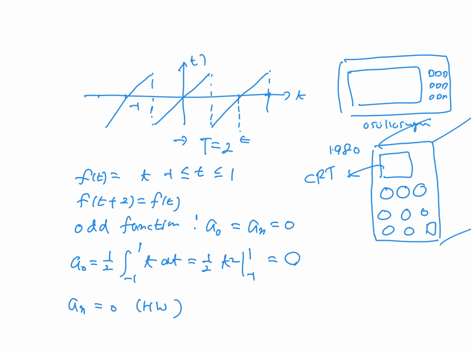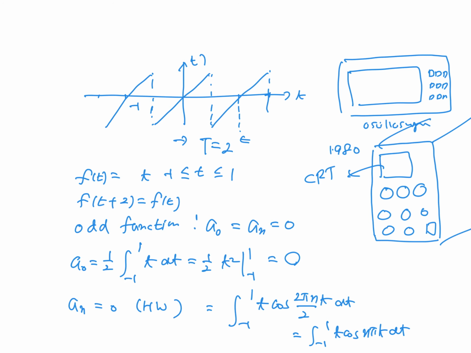So AN is actually 2 over 2, which is 1, times the integral from minus 1 to 1 of t cosine of 2 over 2 pi n t dt, which is t cosine n pi t dt.